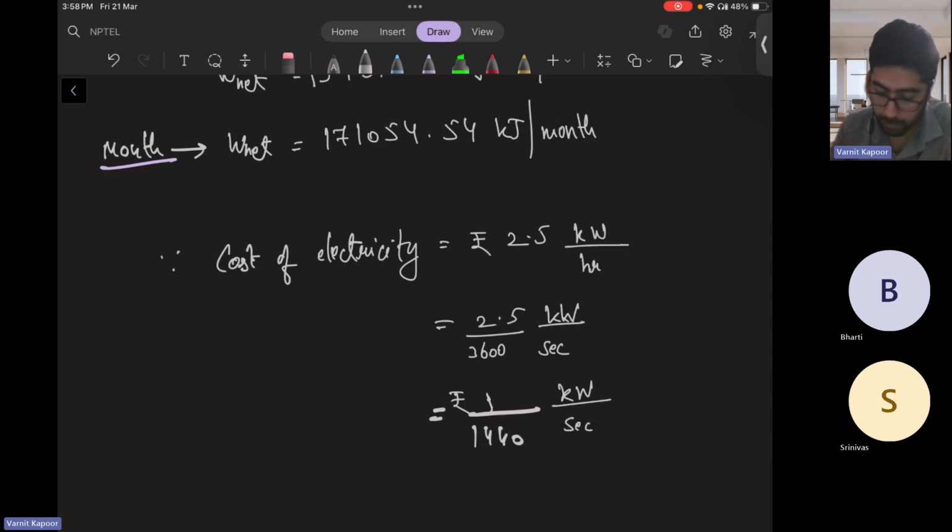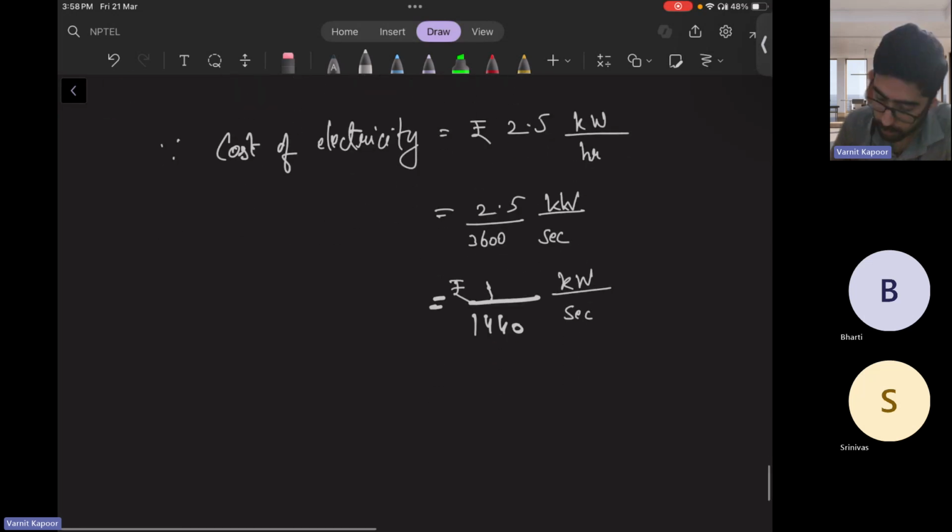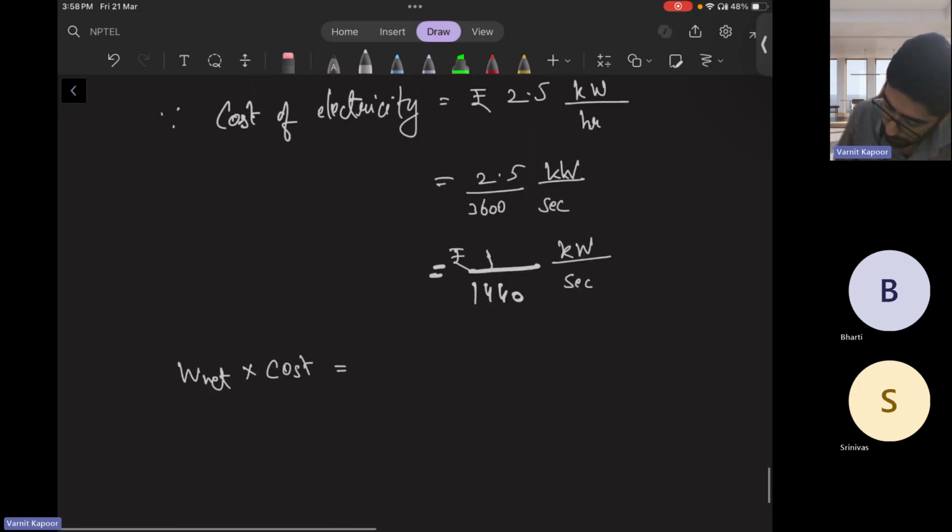So if you multiply this with it, work net into cost is nothing but 171054.54 into 1 by 1440.